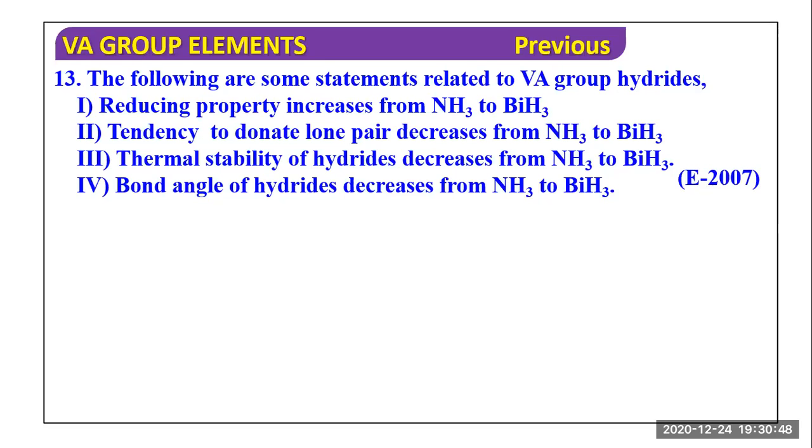Thermal stability of hydride decreases from ammonia to bismuth hydride. And 4. Bond angle of hydride decreases from ammonia to bismuth hydride. It's correct. So now which option is the correct one?